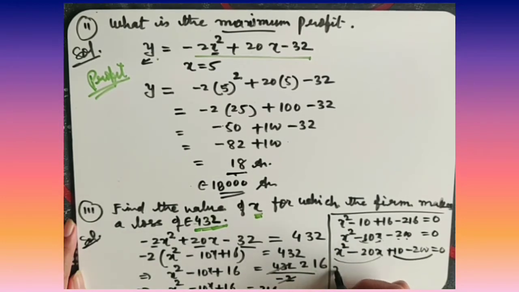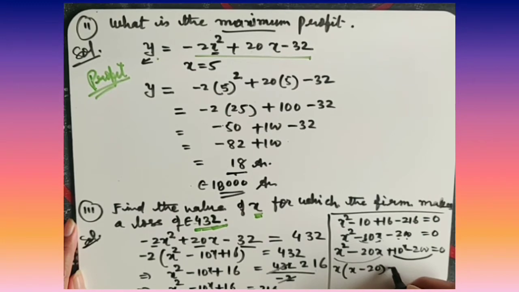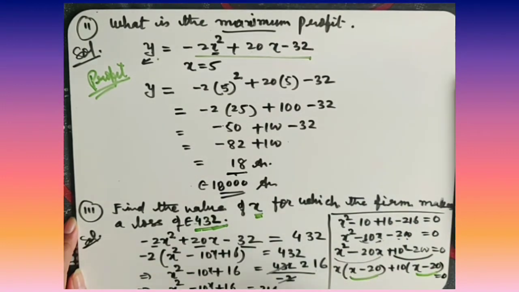Here it will be x squared minus 20x plus 10x minus 200 equals 0. Now we take the common factor from the first two terms and the last two terms: x times x minus 20, plus 10 times x minus 20, equals 0. In factorization, if this factor is the same, it means we are doing it correctly. So we have x minus 20 and x plus 10 equals 0, giving x equals 20 or x equals minus 10.